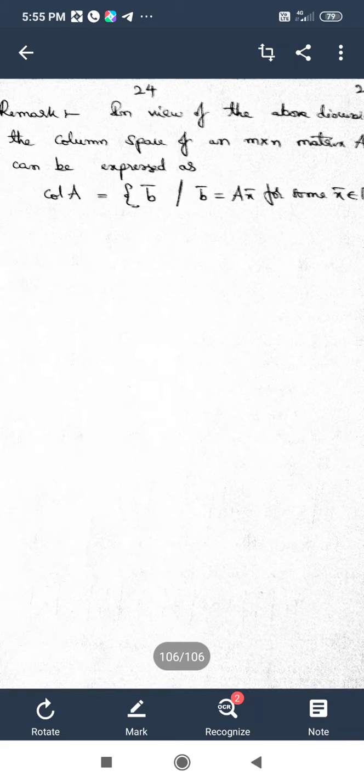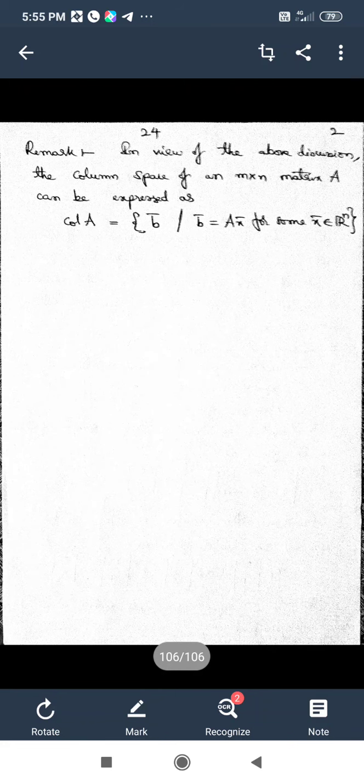And x bar belonging to Rn means each vector x bar is a column vector of order n by 1. Thus Col A is equal to the set of b bar, where b bar are column vectors, such that b bar is equal to A x bar for some x bar belonging to Rn.